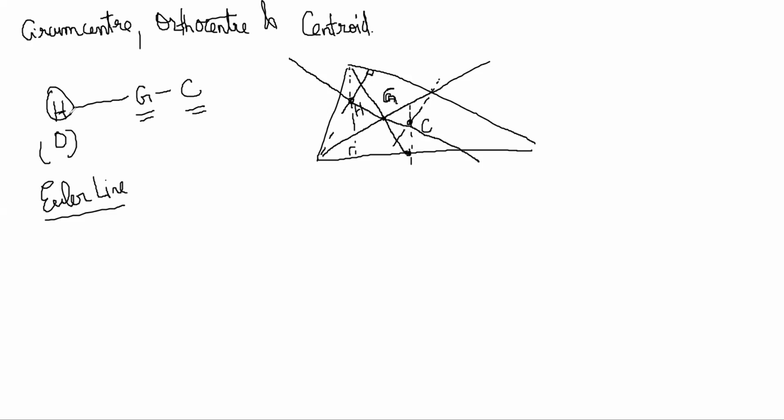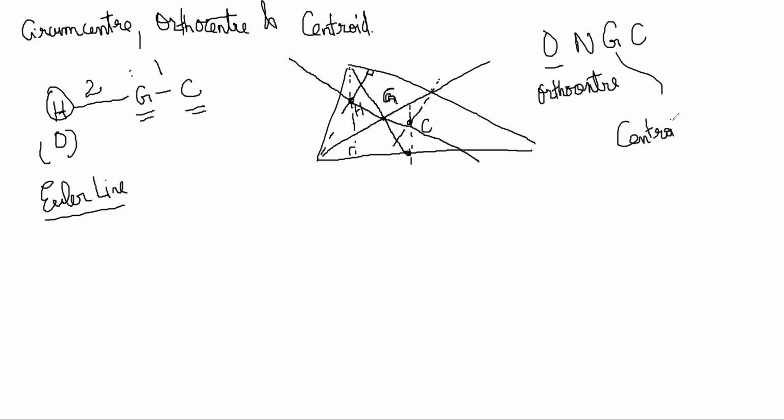Then the ratio is 2:1. So basically the ratio is O N G C, where O is orthocenter, G is centroid, and this is circumcenter. What does N stand for? N is called the 9-point center.